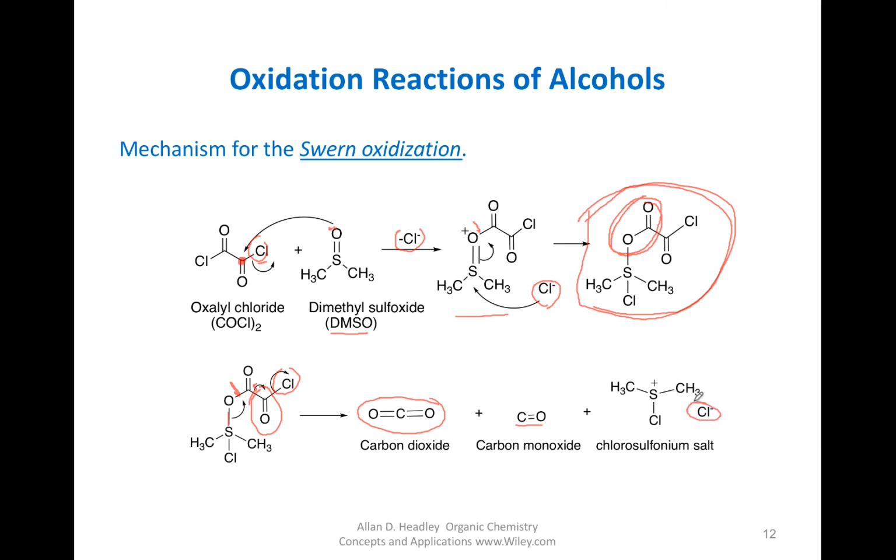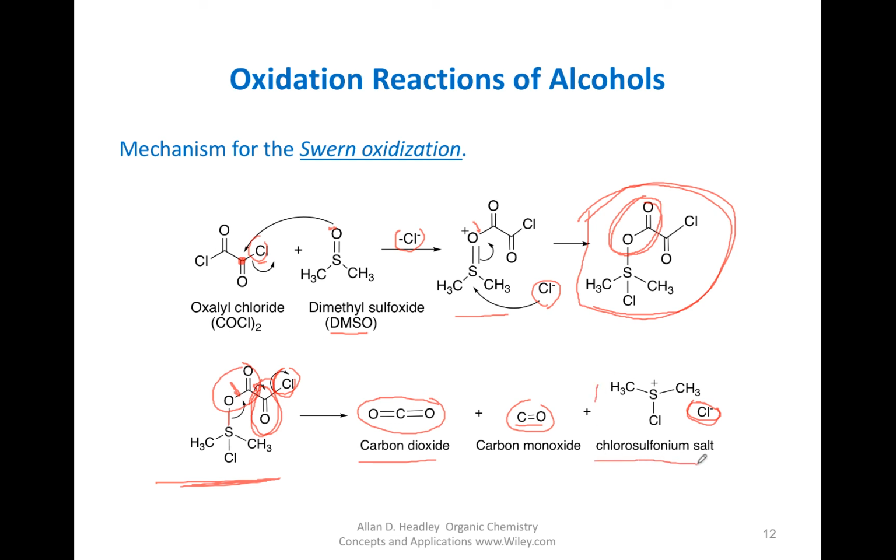It can exist by itself because it's a stable conjugate base. So this intermediate here quickly reacts or disintegrates to give carbon dioxide right here and carbon monoxide right here, as we have seen before, and Cl right here, and this is the intermediate that's left here.